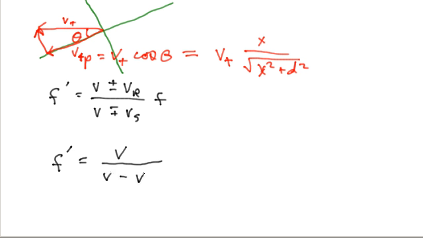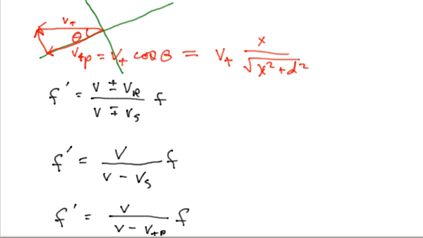Just to make sure I have pure substitution, f prime equals V over V minus VTP, the component of the velocity toward the person, times the original frequency.